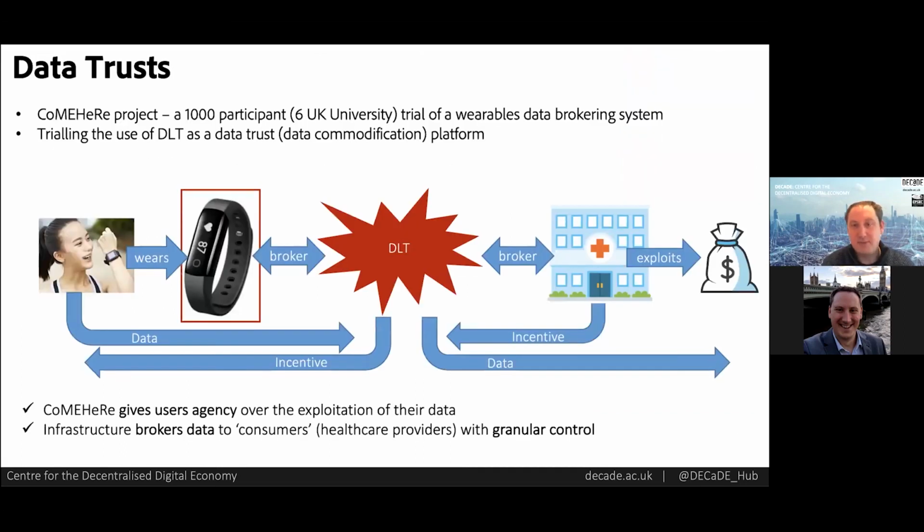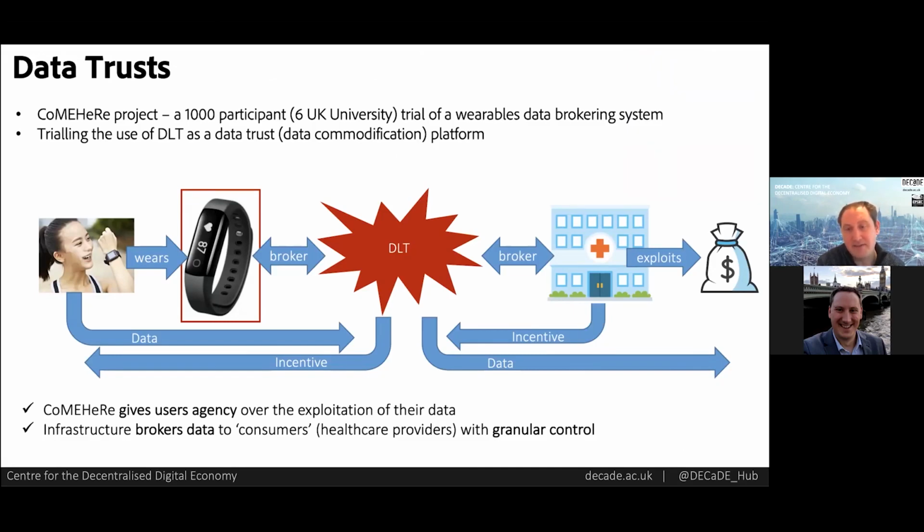So DLTs enable data with provenance, and the commodification of such data is becoming quite popular. And one idea that's beginning to emerge now out of places like the Open Data Institute is this idea of data trusts, a concept of selling or commodifying your data to data consumers. So we ran a feasibility project, again using DLT in this area. We called it Come Here.